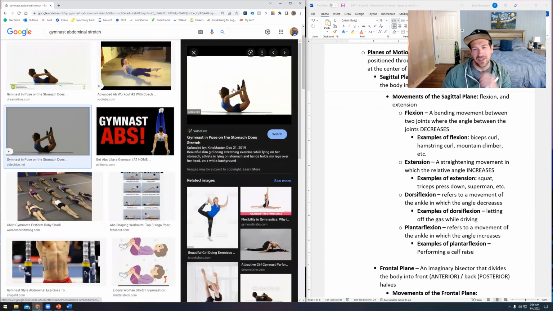This one here. If she laid flat, she's 180. Now she's at 360 degrees. The angle kept going up.